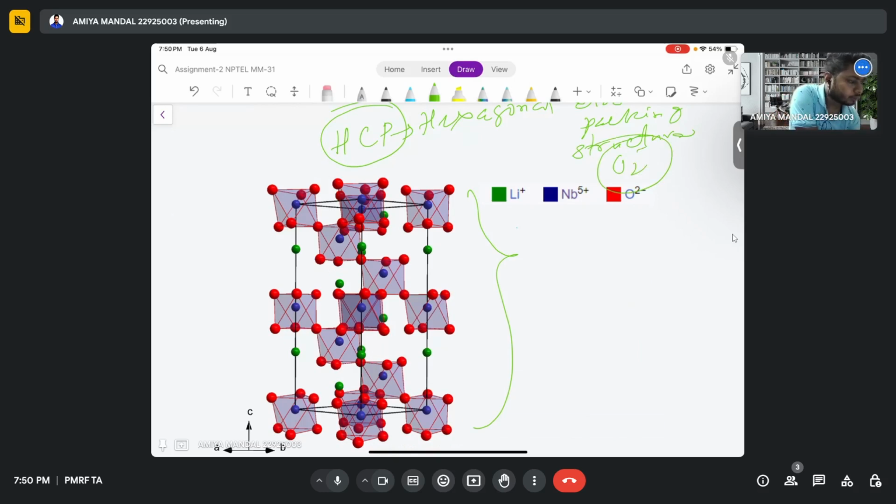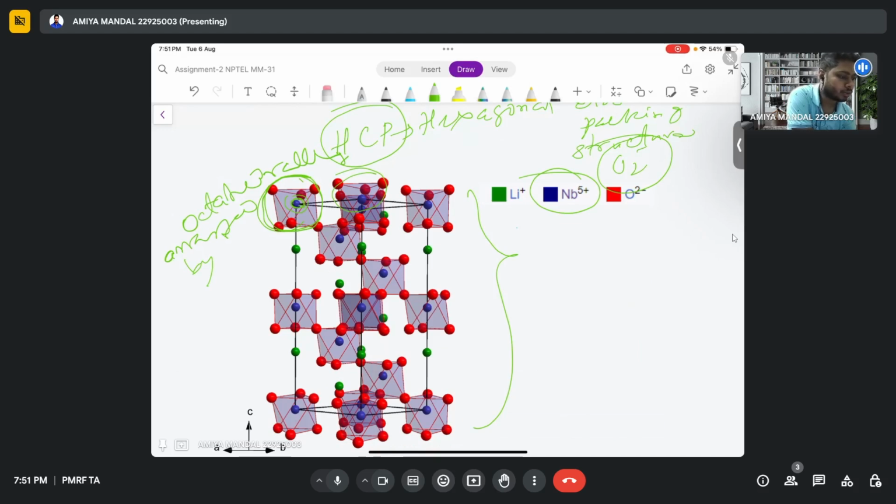And oxygens are here octahedrally coordinated, octahedrally arranged by, this is niobium. So niobium is placed at the octahedral arrangement.